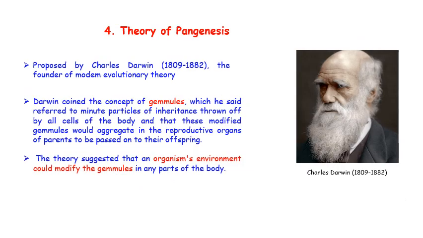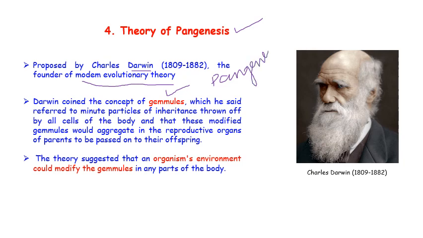Now, the fourth theory is the theory of pangenesis. This theory was proposed by Darwin, the founder of the modern evolutionary theory. Darwin coined the concept of gemmules or pangenes, that's why the name pangenesis.